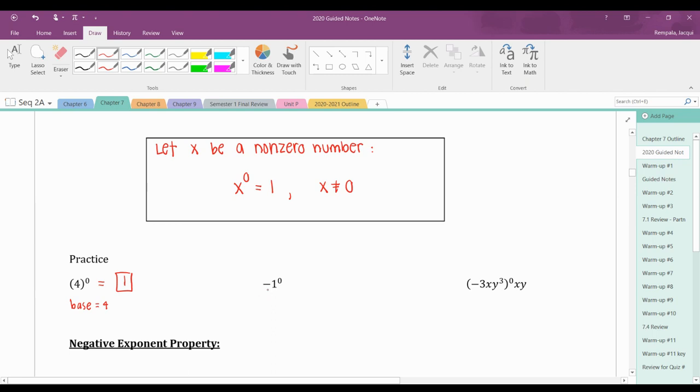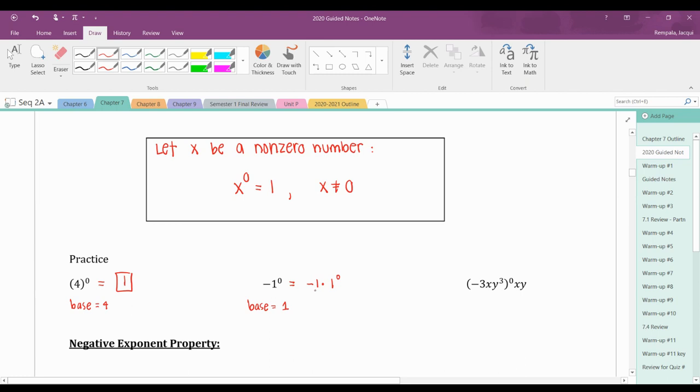If I look at the second example, we've got negative 1 to the power of 0. Notice that there are no parentheses around that negative and the number. If we think back to the lesson from yesterday, that means that our base is really a positive 1, because I want to think of this as negative 1 times 1 to the power of 0.